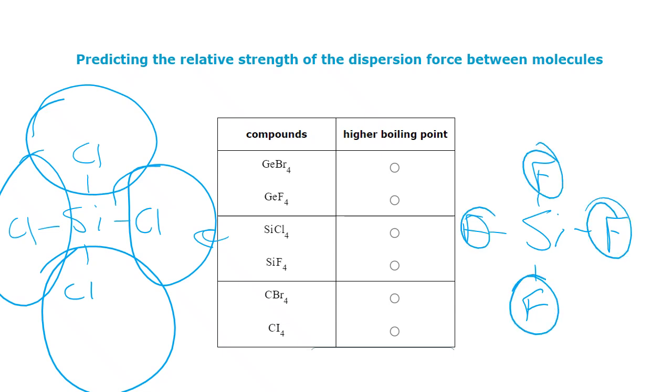It also has more electrons, and therefore SiF4 will have greater dispersion forces. And the greater the dispersion forces, the higher the boiling point. So up dispersion, up boiling point, and so does melting point.